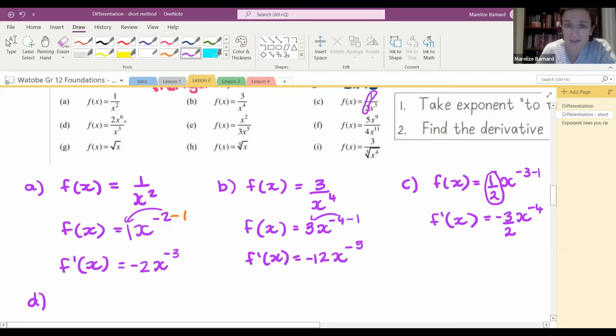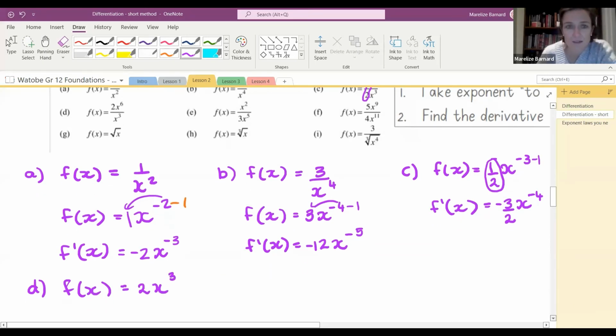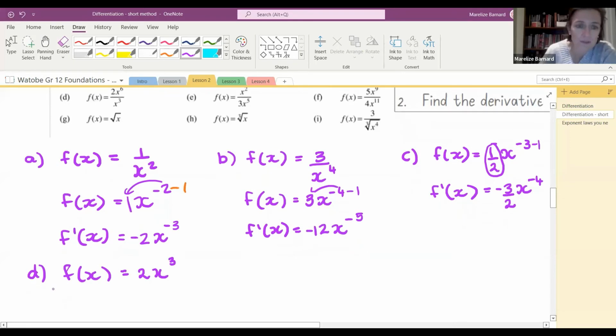That's like an easy grade 8 division with the exponent. So we can go that f of x is actually 2x to the power of 3 because we subtract. And then we differentiate and we get 6x to the power of 2.